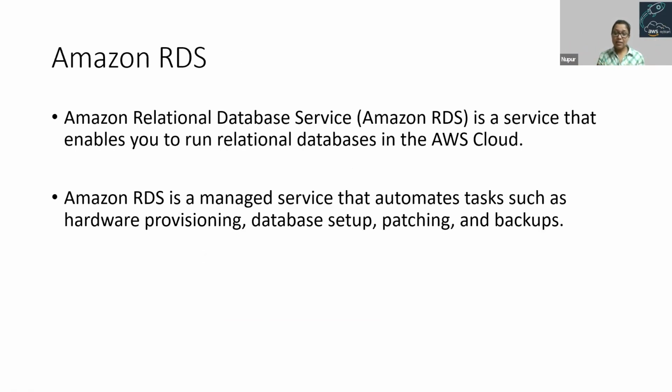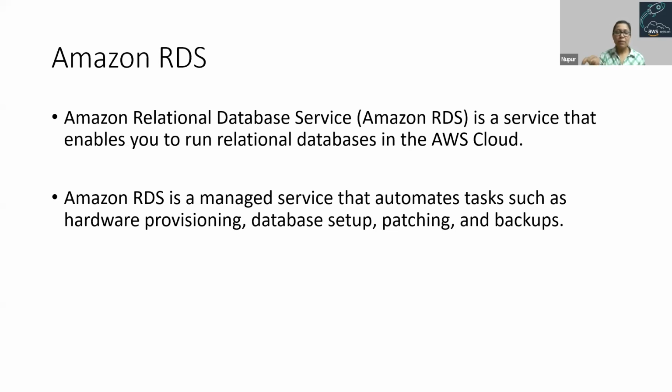In Amazon, this service is provided by RDS, the Relational Database Service, which is available from AWS, and this is a managed service. You are not supposed to do various things. Everything is managed by AWS for you, like patching and updating.